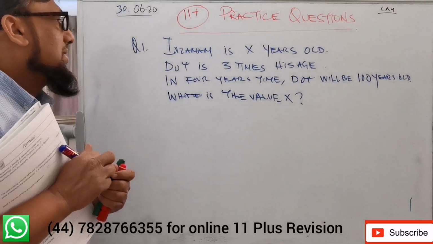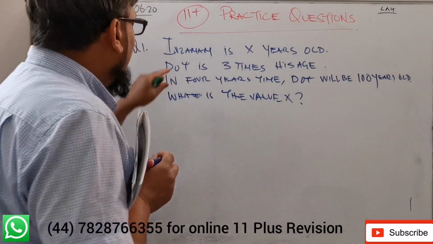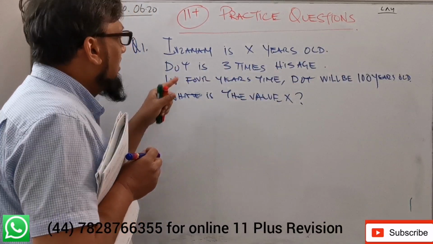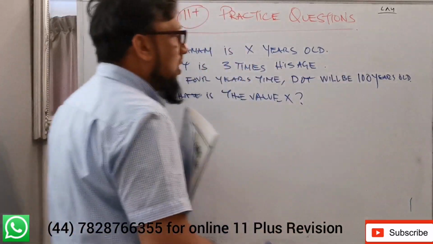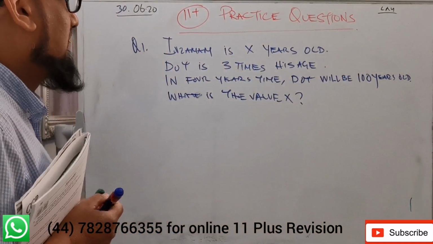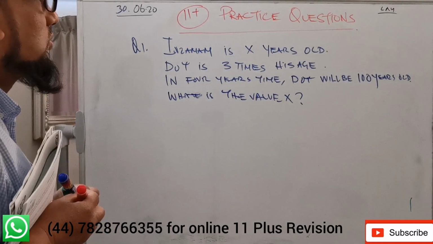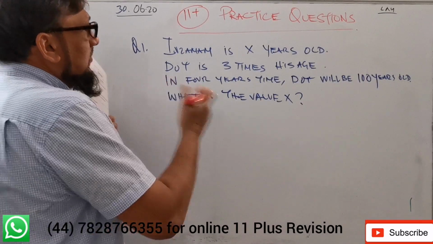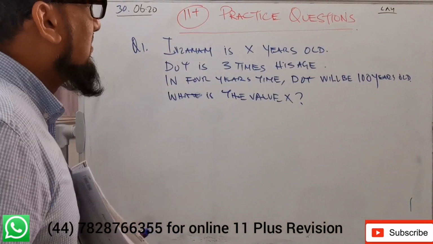It says Inzimam is X years old and Dot is 3 times his age. In 4 years' time, Dot will be 100 years old. What is the value of X? So we need to find the age of Inzimam.